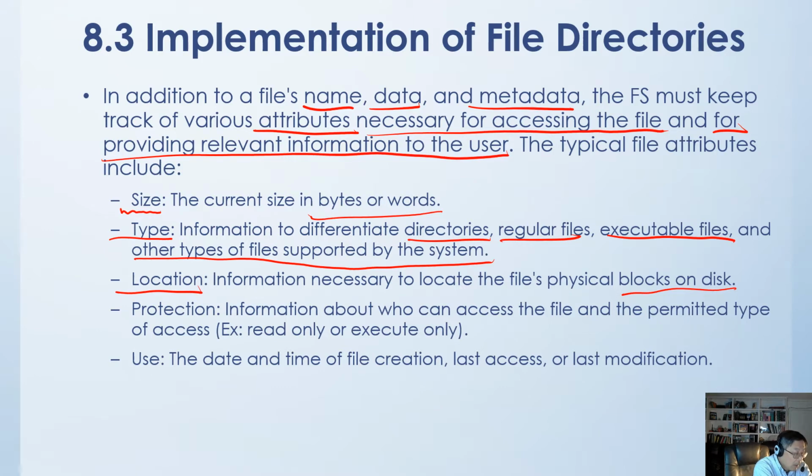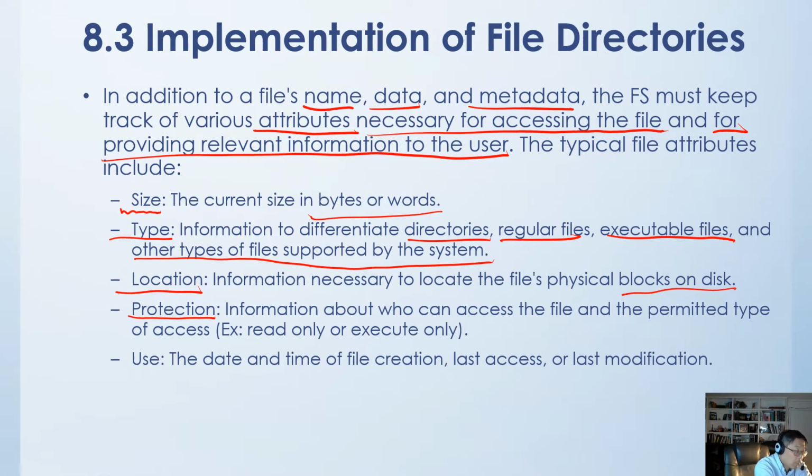Okay, and protection. The protection provides information about who can access the file and the permitted type of access. For example, for some user, you can read the file and also execute the file, and for some other user, it's read only.